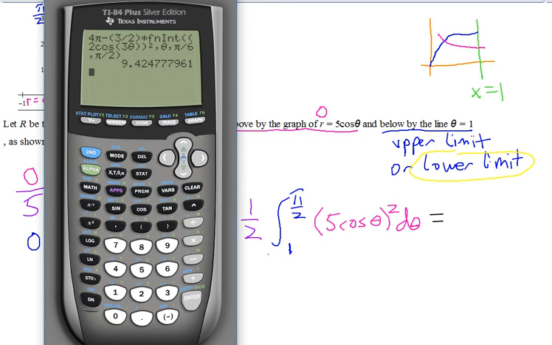There we go. Sorry about that. All right. So we've got 1/2 on the outside, so you can go 1/2 or just 0.5 times math number 9, function integrate, open parentheses, 5 cosine theta, close parentheses, on the cosine, another close parentheses, so we can square the whole thing, and then comma, theta is our variable, comma, lower limit is 1, comma, upper limit is pi over 2.